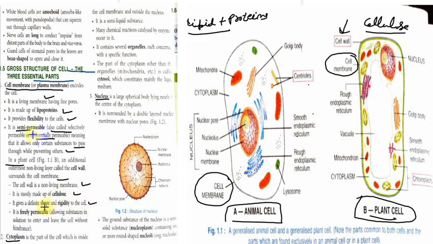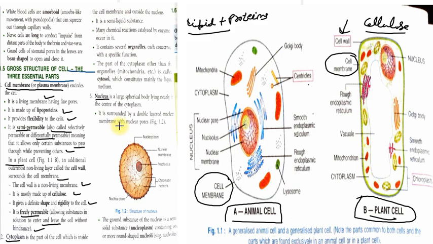So the cell membrane is selectively permeable. This is freely permeable. What? The cell wall, right? Freely permeable means it allows substances in solution to enter and leave the cell without any hindrance, right?